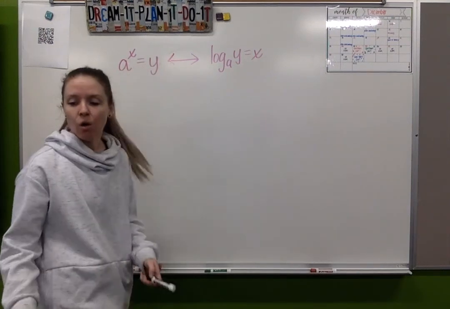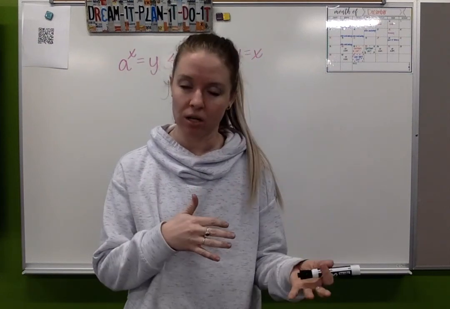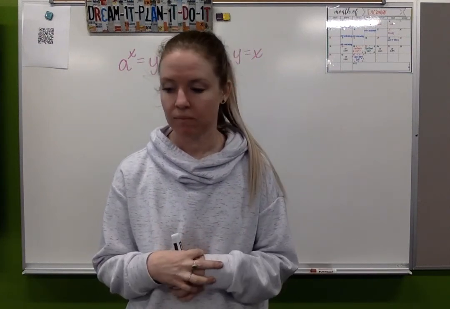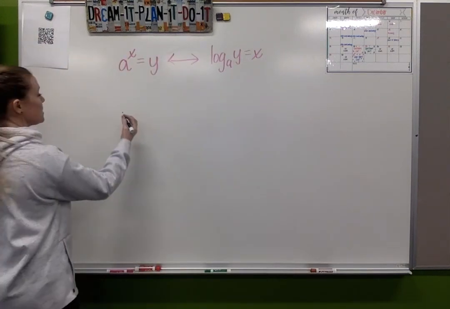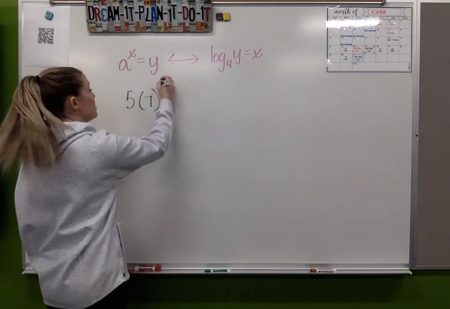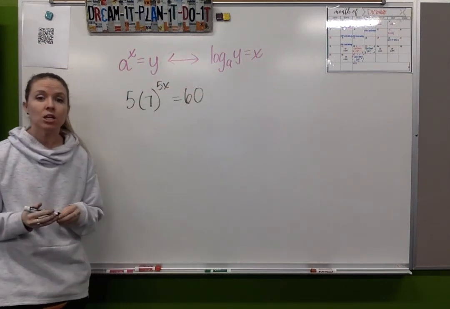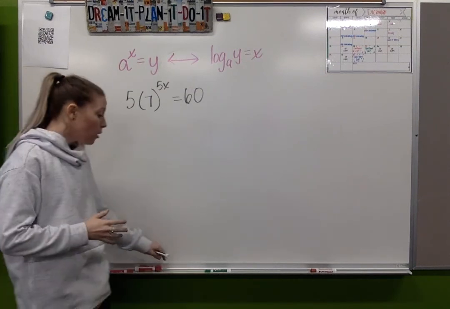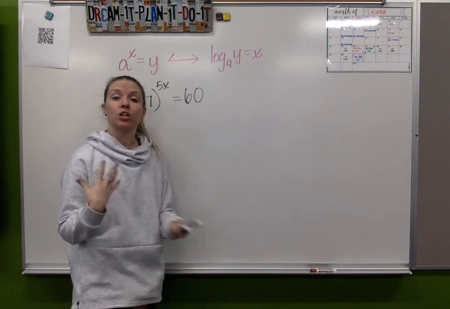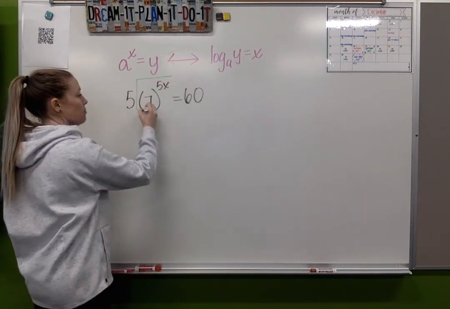Here we go. We're going to start with some examples of why we have logs. We're going to be solving for exponents. All right. So with this example, we're going to have 5 times 7 to the 5x power equals 60. Okay. So with this, before we can use that log idea, we have to isolate the base.